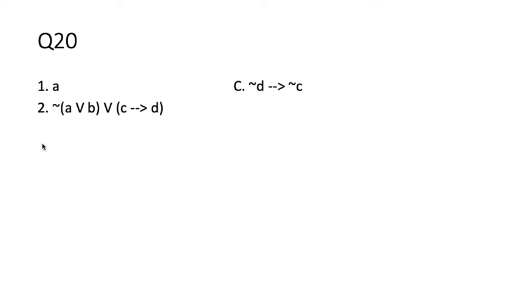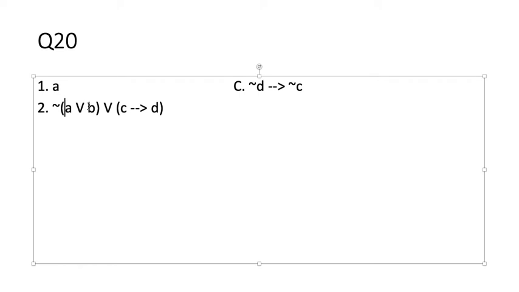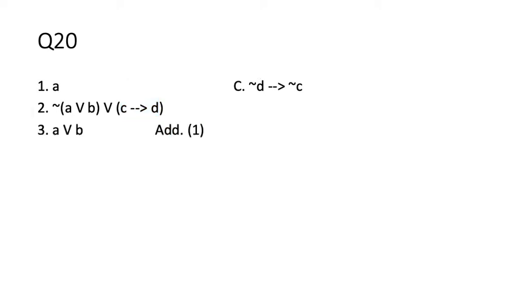I think what I'm going to do, here I have A, here I have it's not the case that A or B. My conclusion involves C's and D's, and here I have C's or D's. So I kind of want to get this conditional on its own. That would be nice. So what I'm going to do is do addition to line 1.